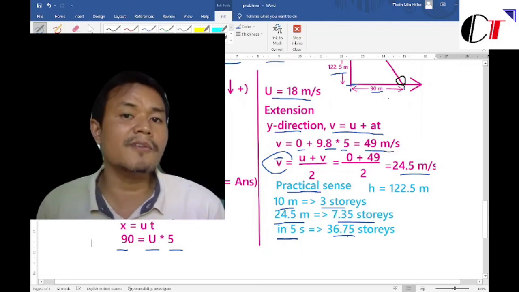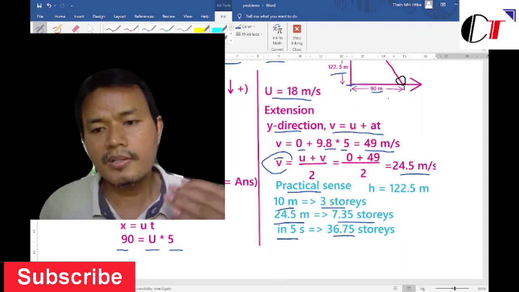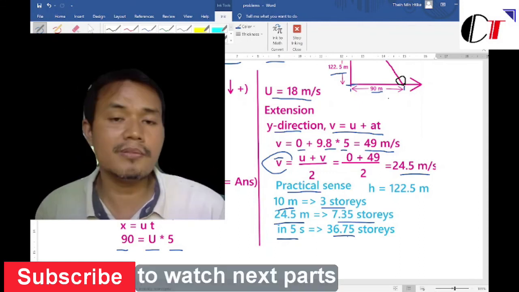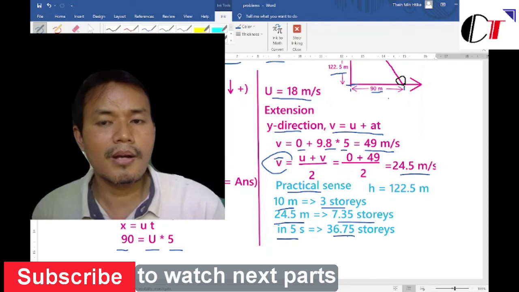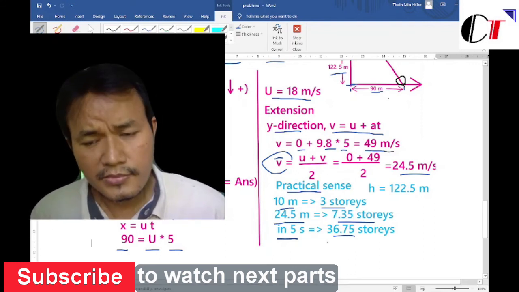So this is quite high, of course. Falling around 37 stories within 5 seconds is quite high in terms of the speed, right? So this is the way you're trying to make sense.